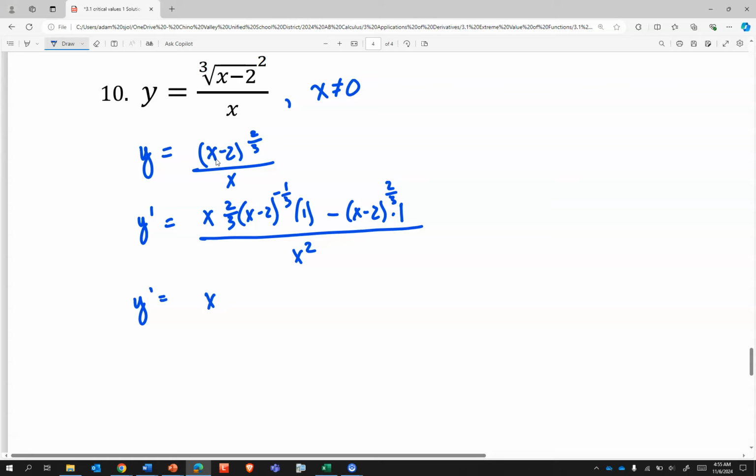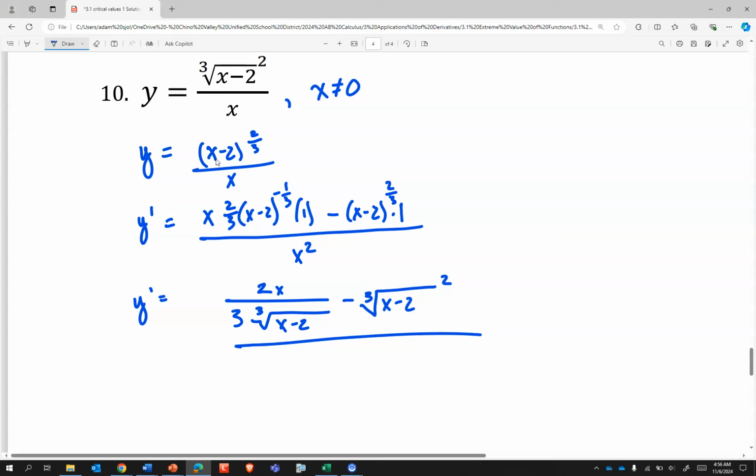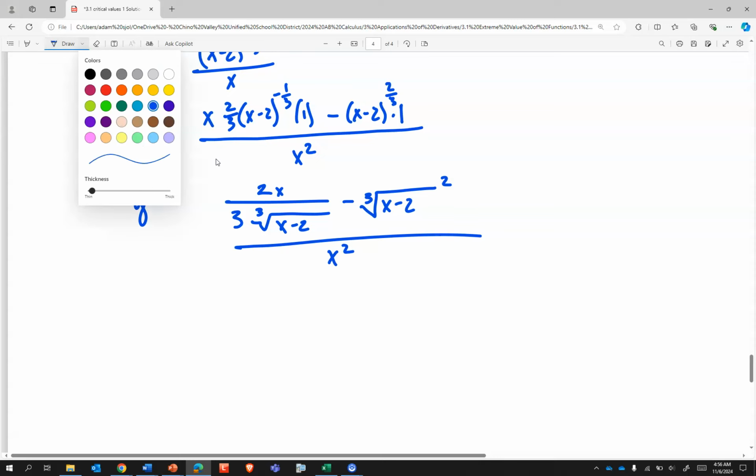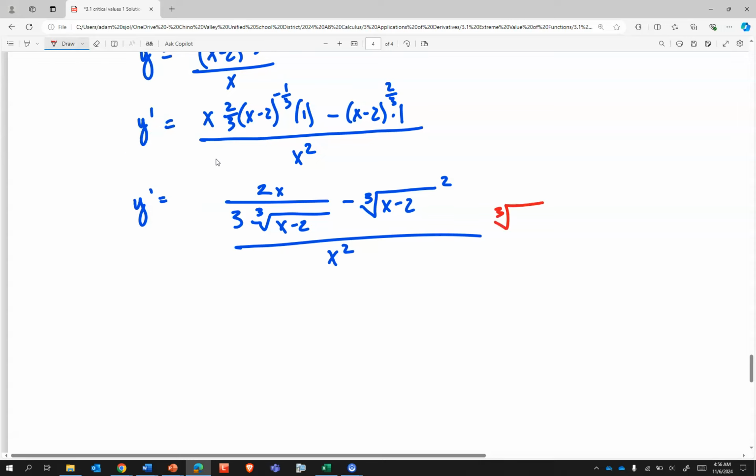Okay, so x times 2 over 3 times the cube root of x minus 2. Let's put that 2 up top. Minus the cube root of (x minus 2) squared over x squared, and that's pretty ugly. So we'll multiply by the cube root of x minus 2 over itself.